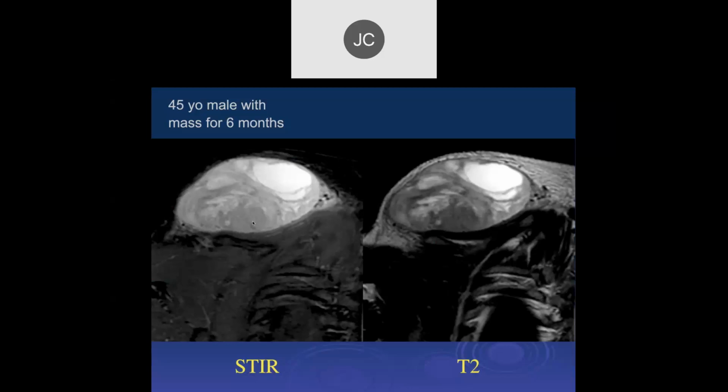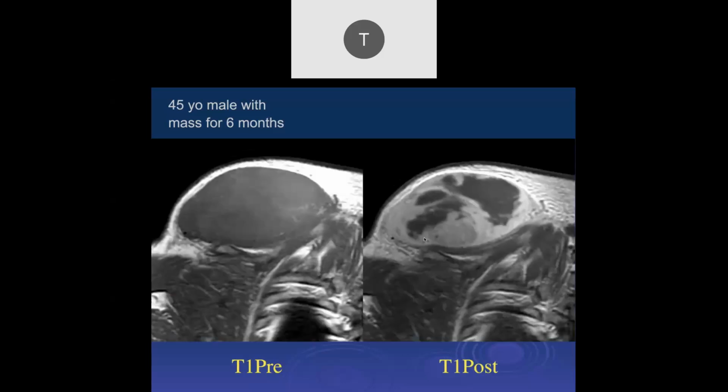All right, 45-year-old male with a mass for 6 months. We have STIR and T2 images here. Was this in the shoulder, superficial tissues? Looks very heterogeneous internally, with some areas of cystic degeneration.